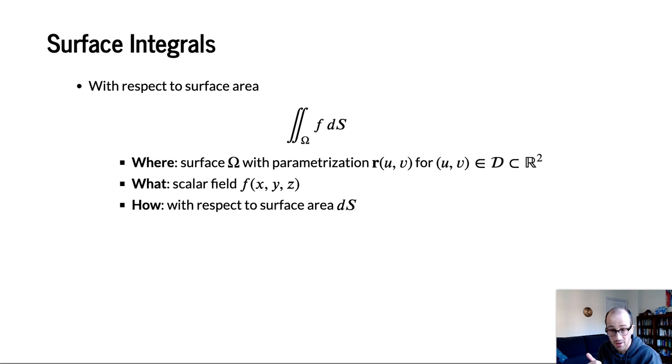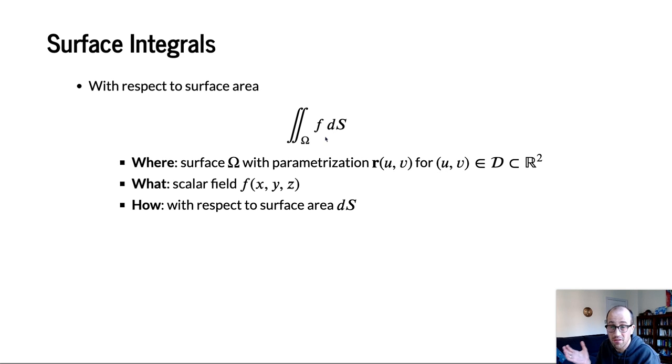So the where here is the parametrized surface we've been talking about, sitting inside of R3. The vector R maps U and V onto that surface, but the U and V occupy some region in the plane, on R2. The what is a scalar field. That's the integrand. So that's defined in three-dimensional space, right over there.